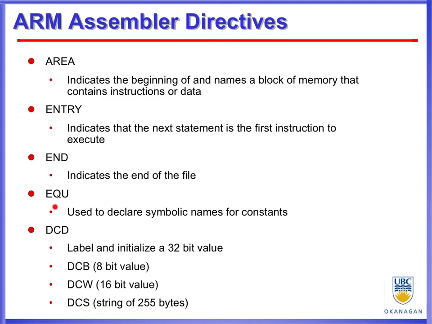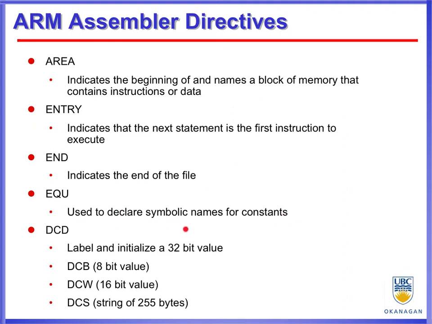If you want to initialize a memory address with some value, you can use EQU, which means equals or equate. It's used to declare symbolic names for constants. Oh, I'm sorry, other way around.